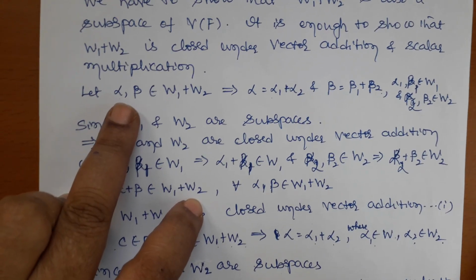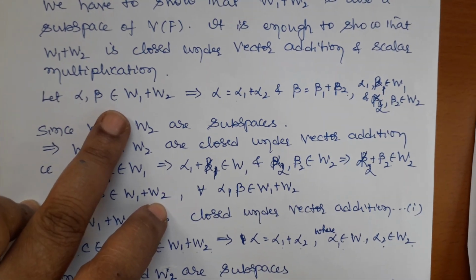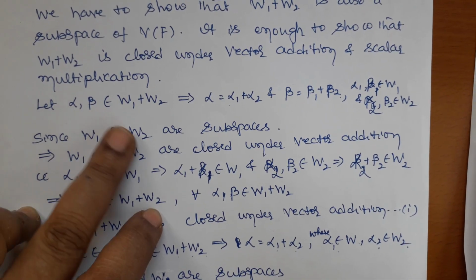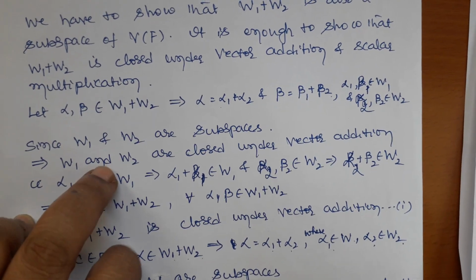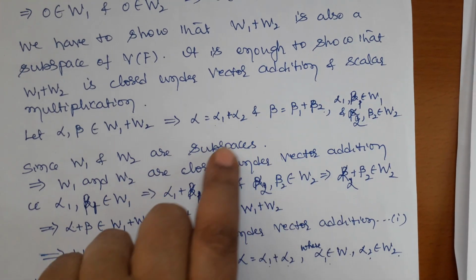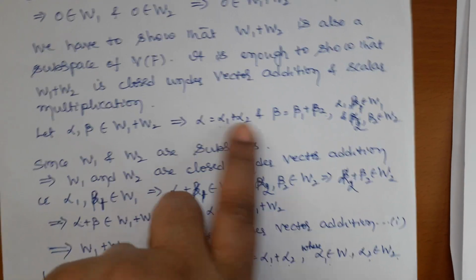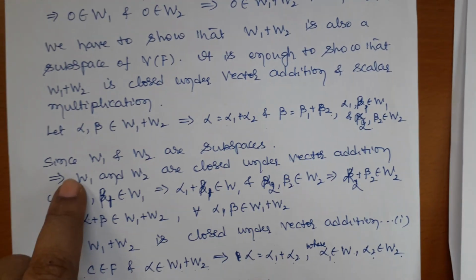Now I have to choose two vectors, say alpha and beta belonging to W1 plus W2, where alpha is alpha 1 plus alpha 2 and beta is beta 1 plus beta 2. From the definition of W1 plus W2, alpha 1 and beta 1 belong to W1, and alpha 2 and beta 2 belong to W2.